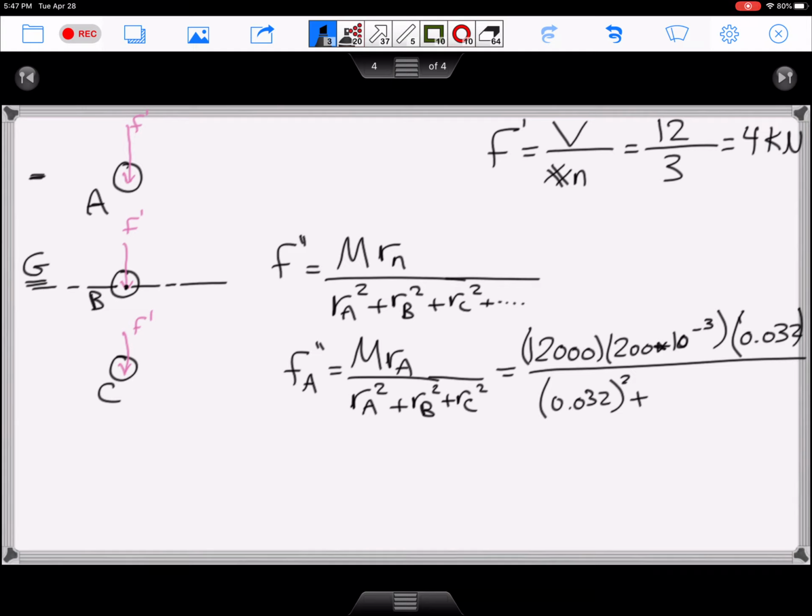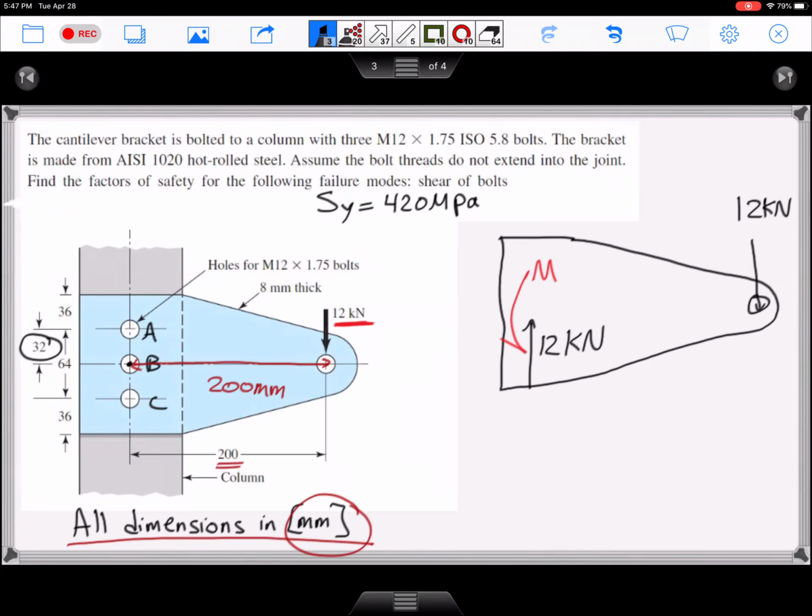Remember, what is RB? RB is the distance from the centroid of the group of bolts to bolt B, which is basically 0. There is no distance. The centroid is exactly on bolt B. So here's 0 squared plus RC squared, and it's the same thing.